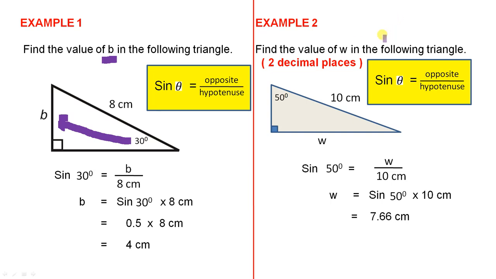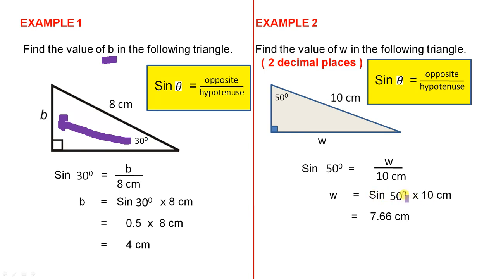Second example. Find the value of w in the following triangle, to 2 decimal places. So the answer will be in 2 decimal places. Again, sine theta is opposite over hypotenuse, so you always have to remember that. This time the angle is 50 degrees, so obviously that's the opposite, and there's the hypotenuse. So sine 50 is w over 10, because it's opposite over hypotenuse. Multiply both sides by 10, which gives you w equals sine 50 times 10 centimetres.